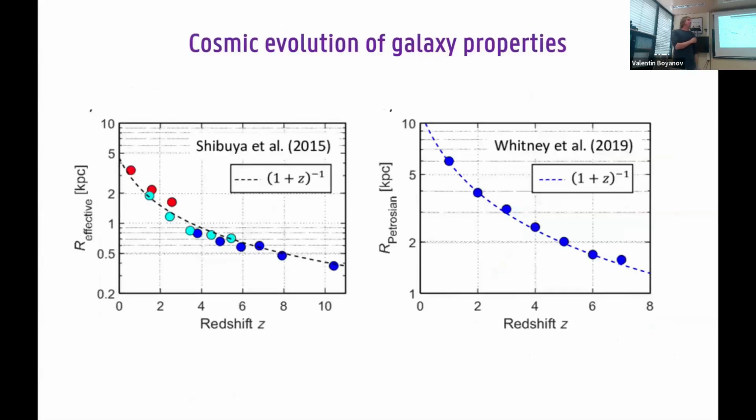Now that we have a lot of observations going even into high redshift, we can measure certain aspects of the galaxy population directly. For example, what you see here is the redshift evolution of galaxy sizes, meaning on average, galaxies were smaller in the past and are bigger today.